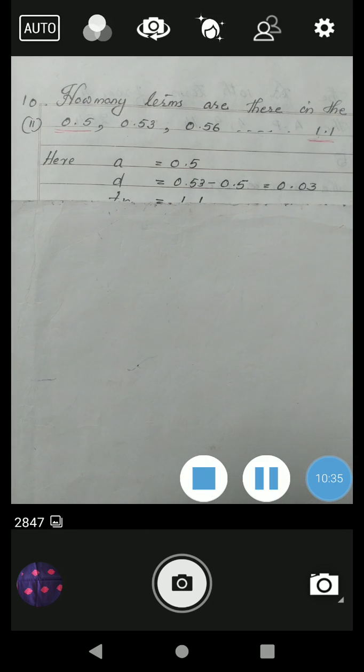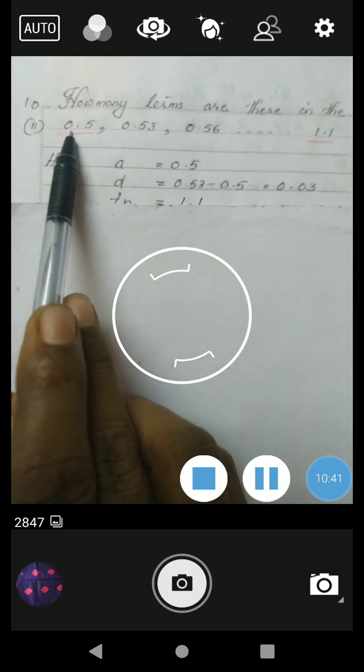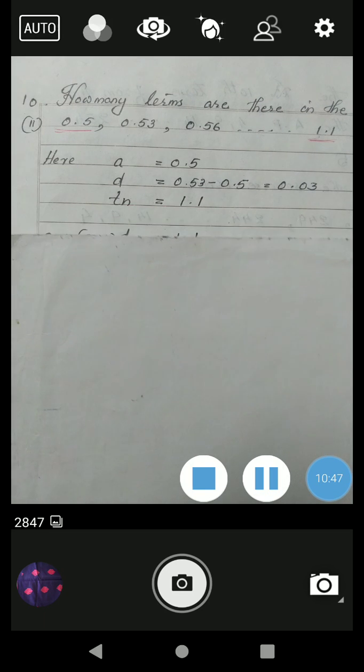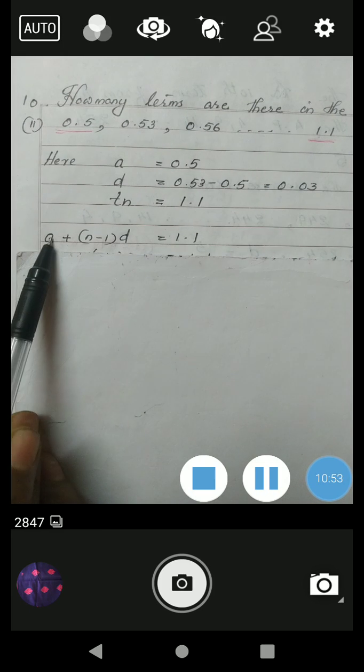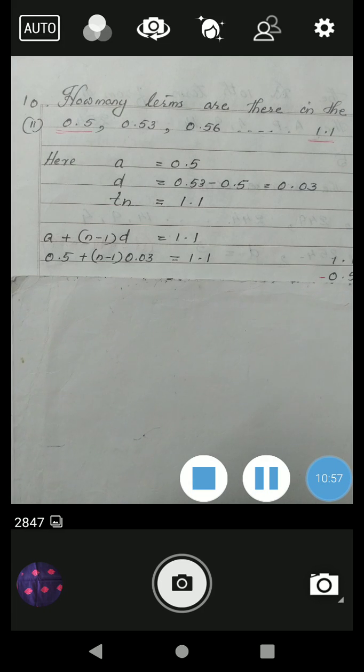Then D is T2 minus T1, 0.53 minus 0.5, which is 0.03. Tn is 1.1. We know the formula Tn equals A plus n minus 1 into D, that is Tn is equal to 1.1. Just substitute values here, you will get this n. Substitute the values. You can see the steps.